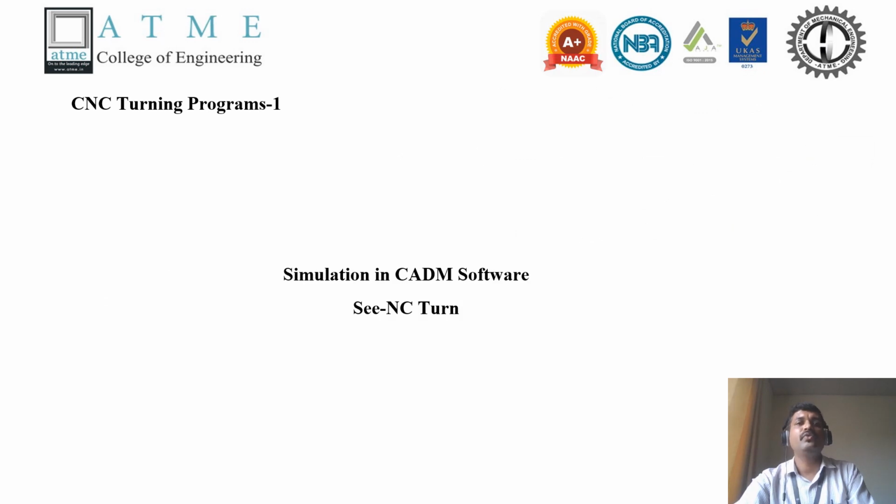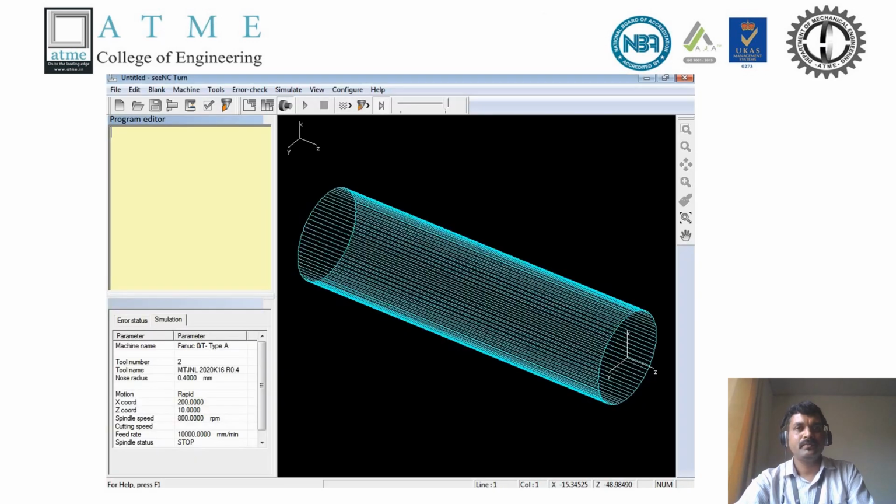So let us see how we can simulate the same program in the CAD-M software, that is the software called CNC Turn under the CAD-M. So this is the workpiece setup. You can see block, machine, tool, error check, simulate, view, configuration. In the beginning we have to do the block. What is the size of the workpiece?